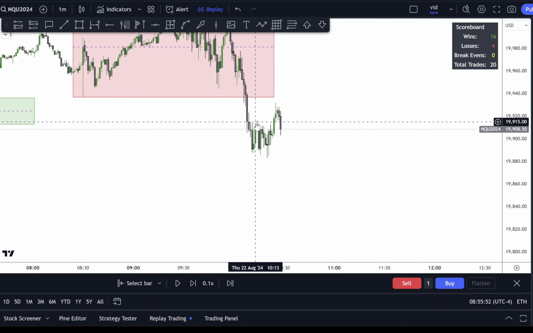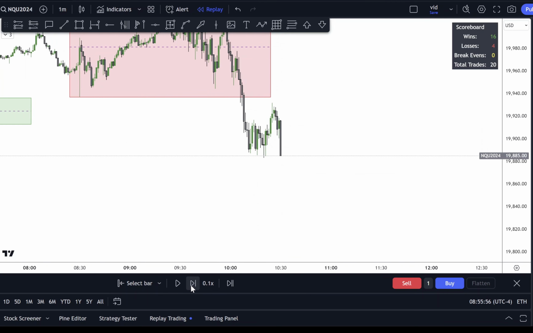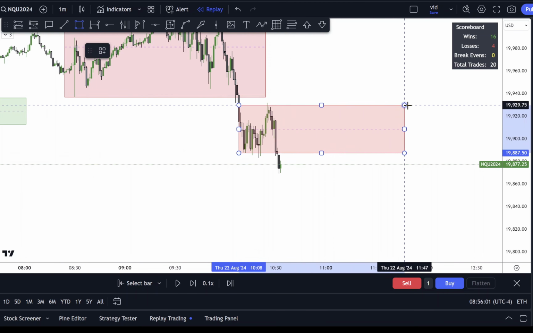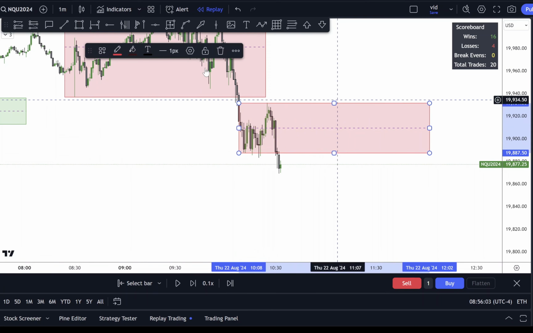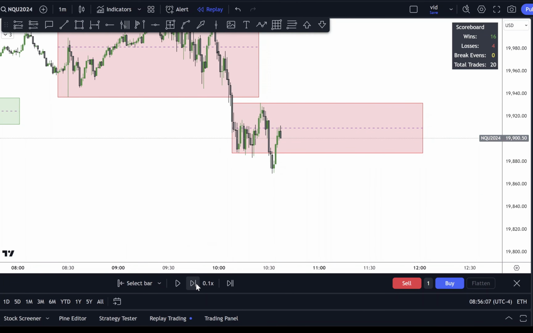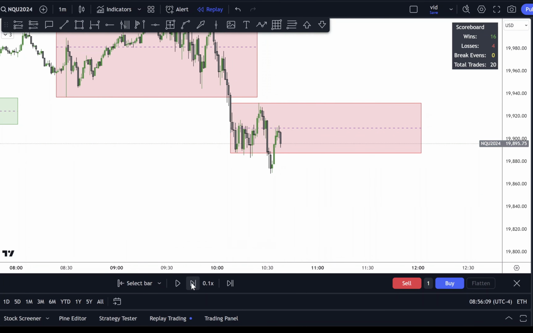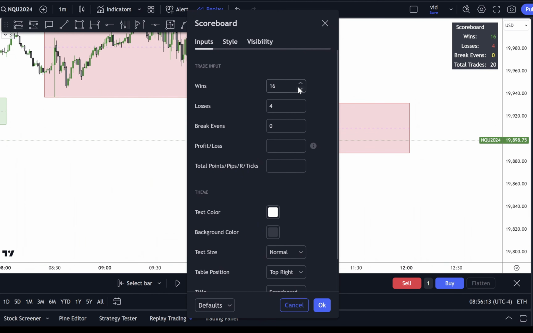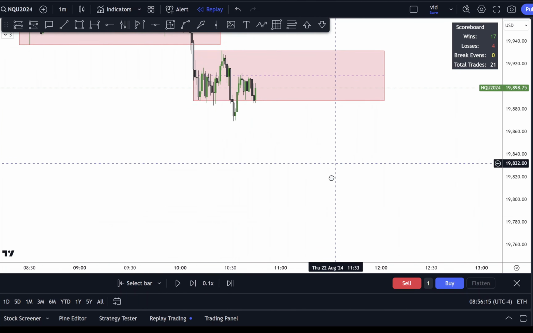Now we have a valid pullback because we closed finally above this. Okay, so that's our valid zone, bearish one, right? So we tap the 50%, and that's our 17th win. Cool.